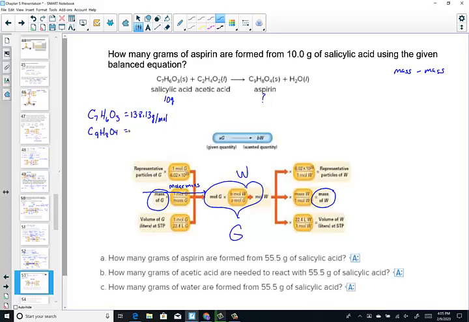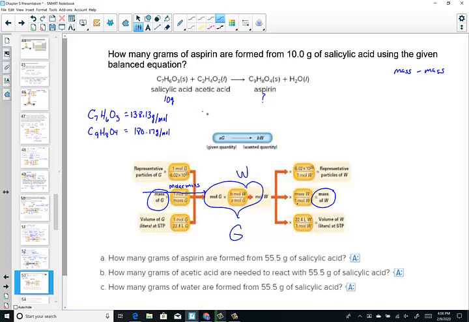Let me work on that. 12.01 times 9 for the carbon, plus 1.01 times 8 for the hydrogen, plus 16 times 4 on the oxygen. Oh, I didn't hit that right. It didn't look right. I hit plus, times 9, plus 1.01 times 8, plus 16 times the 64. Yep, there it is. 180.17 grams per mole. All right, that's been out there before. We've used that one. That's why I knew it didn't sound right.